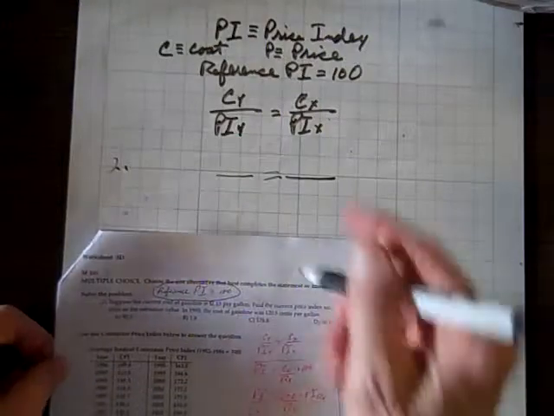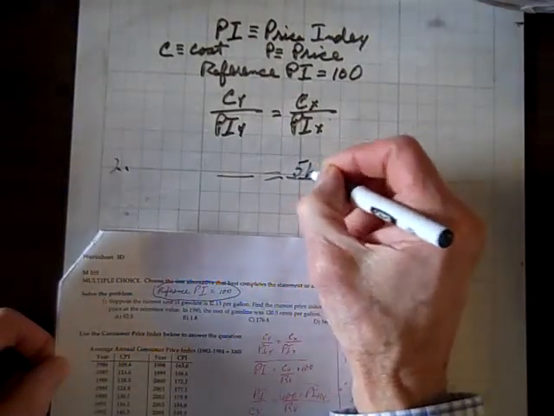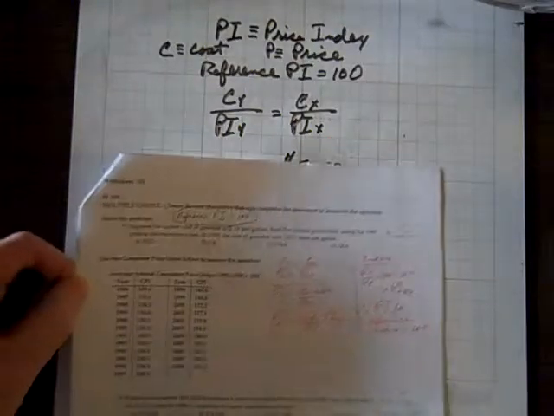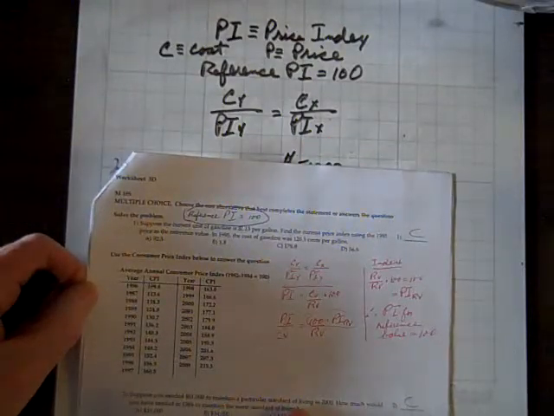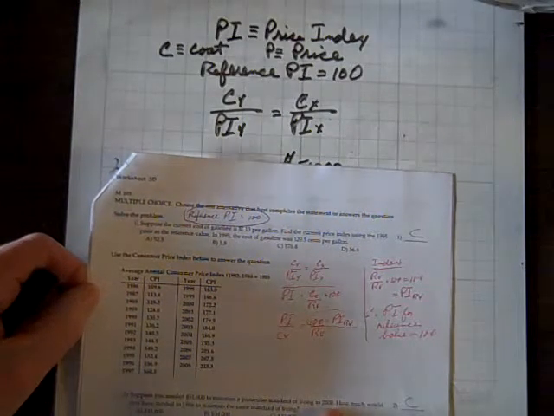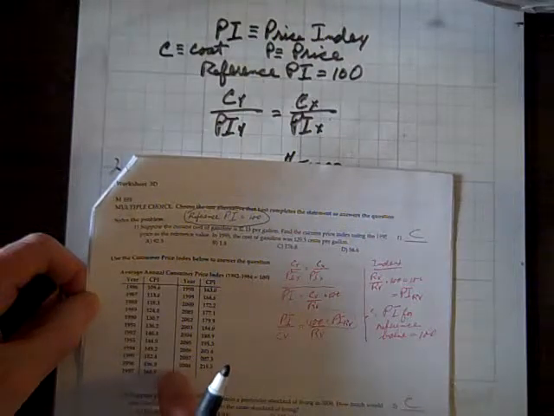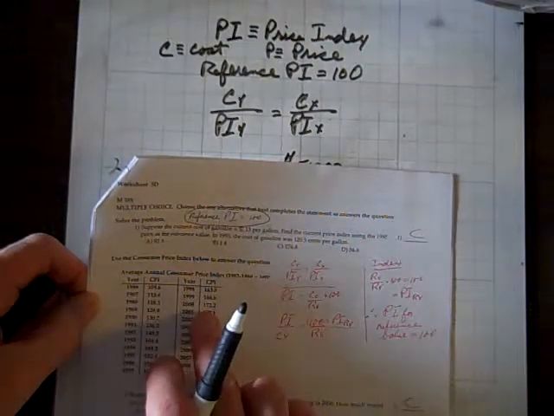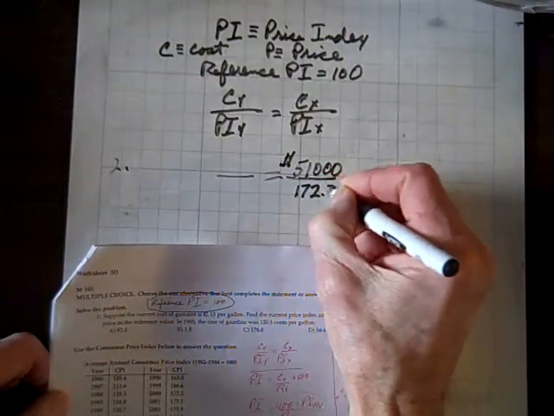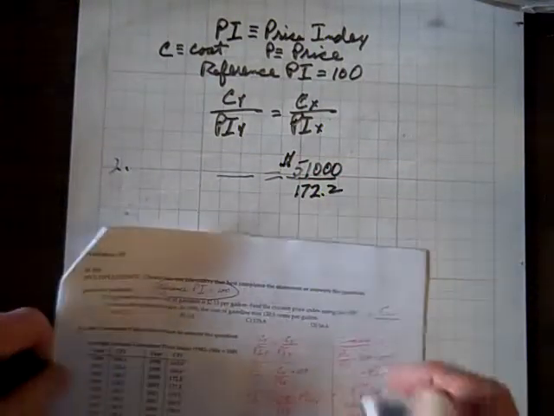And so we've got $51,000 to maintain a particular standard of living in 2000, well, the price index for 2000 is 172.2, and that's found on this sheet here.